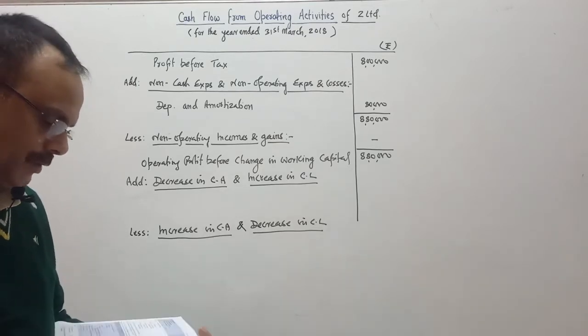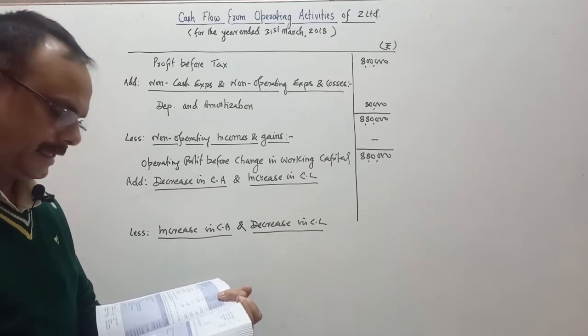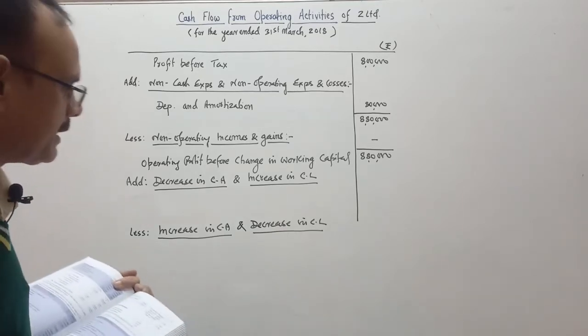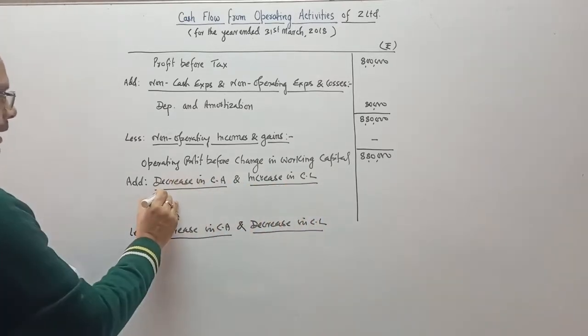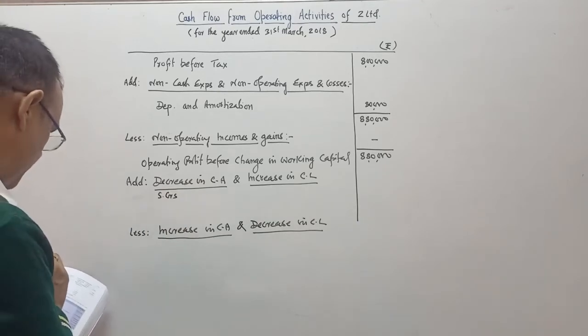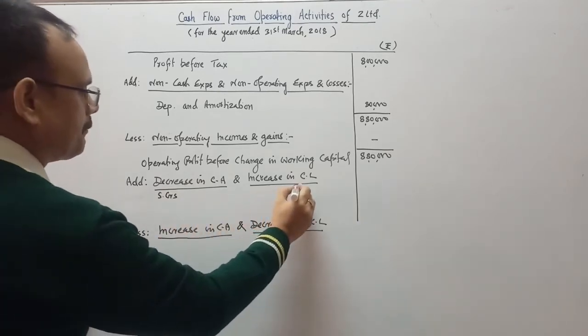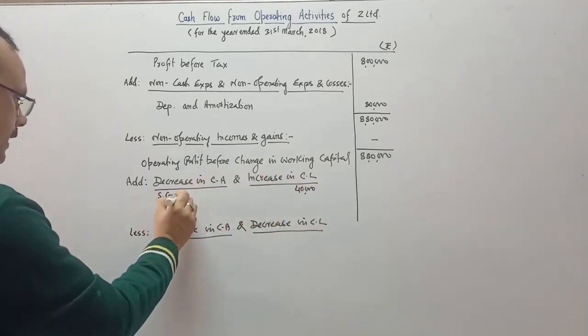Now see, first one in the additional information: sundry creditors increased by 40,000. Sundry creditors is a current liability, so it is increased by 40,000.